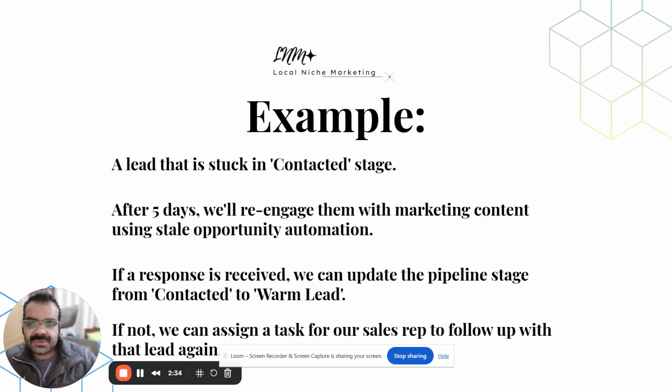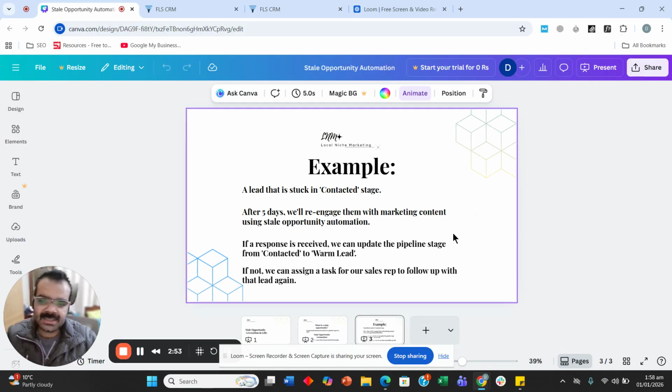If a response is received from the lead, we can update our pipeline stage from contacted to appointment booked or warm lead. If not, we can assign a task to our sales rep to follow up with that lead. Okay, so let's get started.